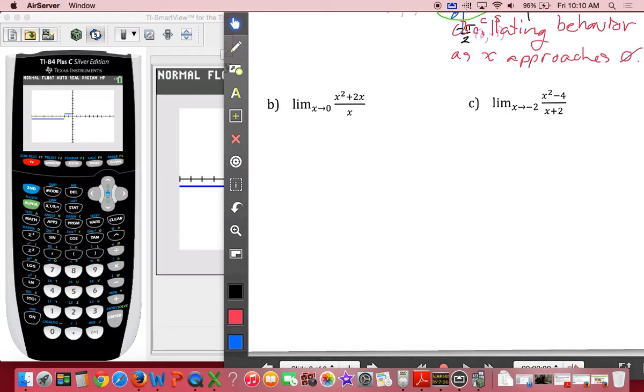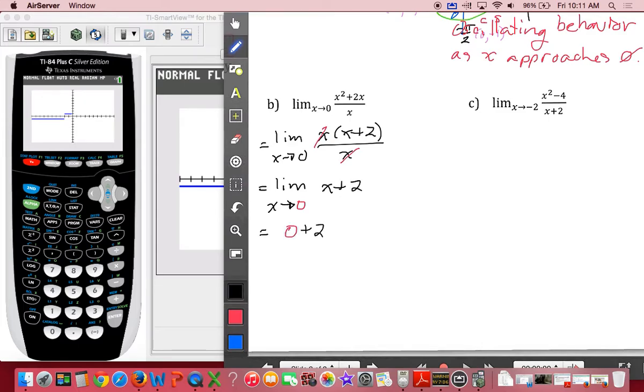So you factor and you find the limits. None of these could we have used direct substitution initially.